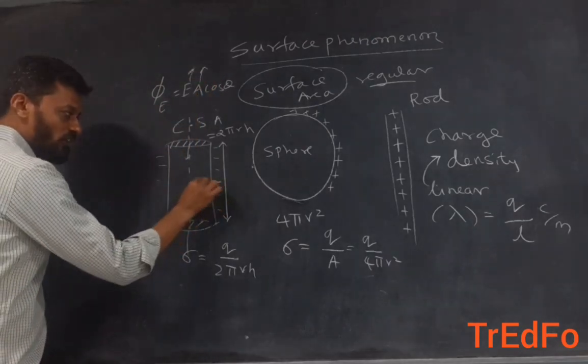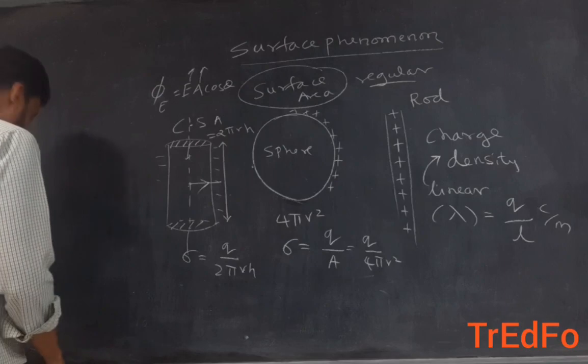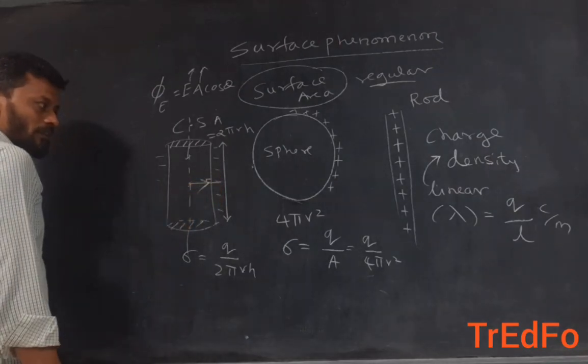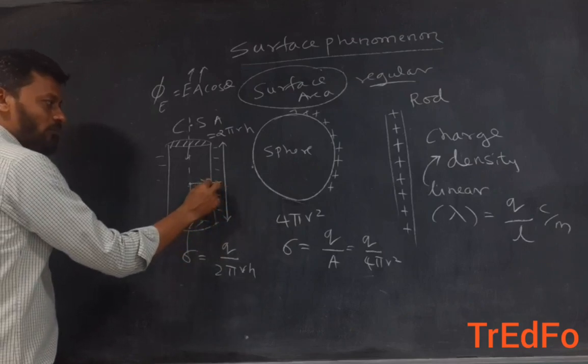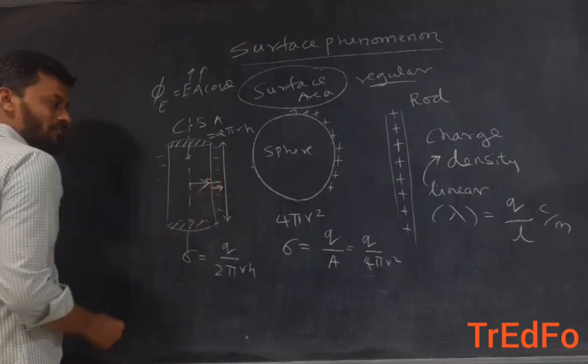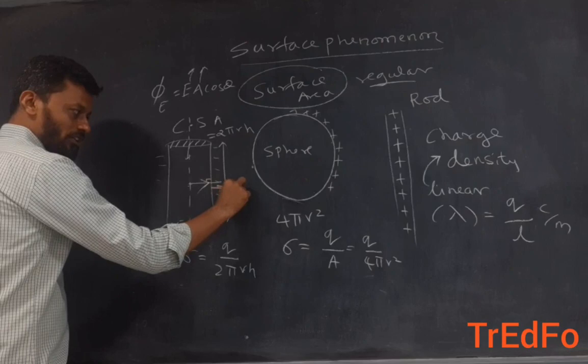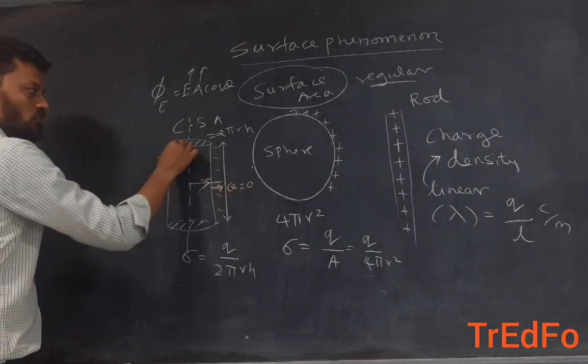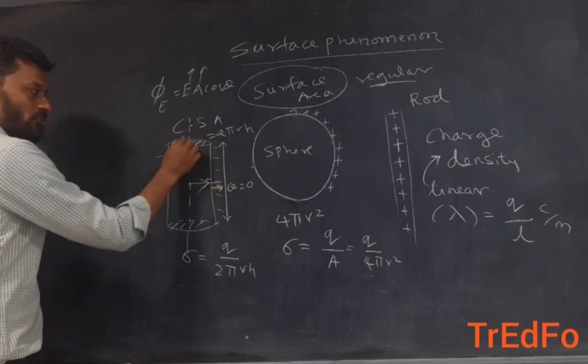If my electric field is in the outward direction like this, and the area is in the same direction, theta over here is 0.